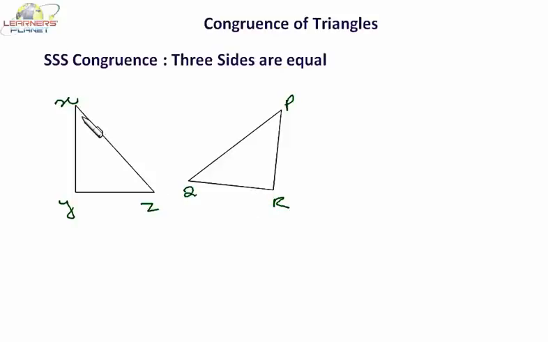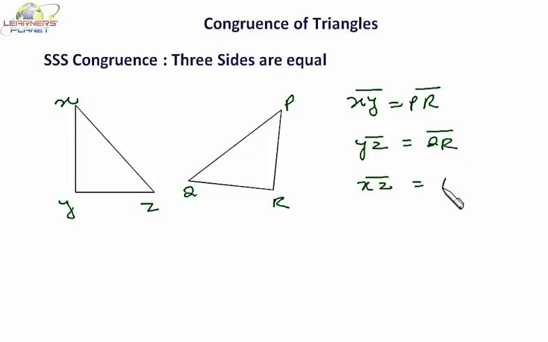Okay, suppose in this case XY is equal to PR, YZ is equal to QR, and XZ is equal to PQ. So the three sides of this triangle are equal to the three sides of this triangle respectively, or in corresponding way. So we can say that these two triangles are congruent to each other.